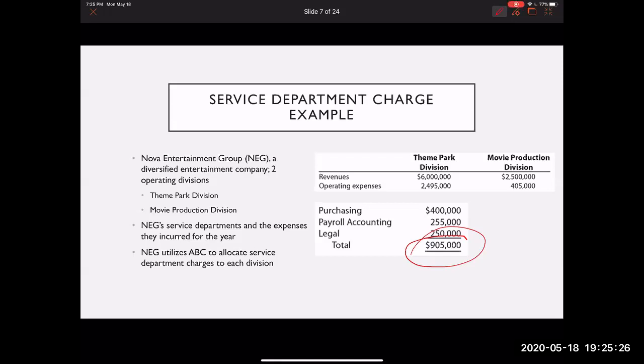So in the next slide, we're going to walk through how we're going to allocate this out. This $905,000, when it's all said and done, will be allocated to the appropriate divisions based on their usage, okay? So with that, I'm going to take a break and pick back up in the next video talking about how we allocate this $905,000 to each of these divisions based on usage.